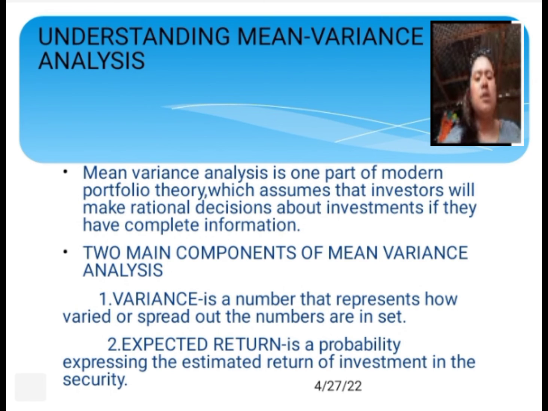The expected return is a probability expressing the estimated return of investment in the security. If two different securities have the same expected return, but one has lower variance, the one with the lower variance is the better pick. Similarly, if two securities have approximately the same variance, the one with the higher return is the better pick.